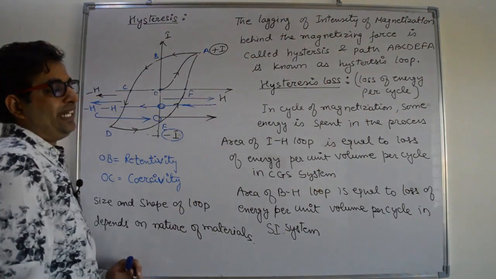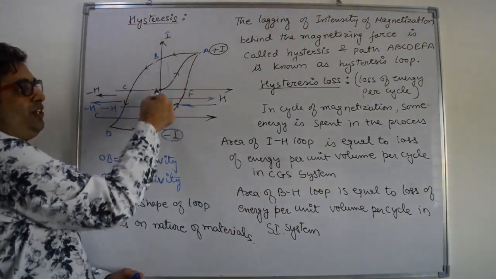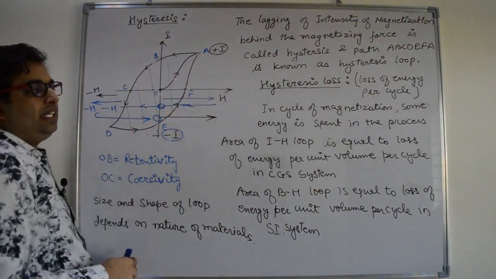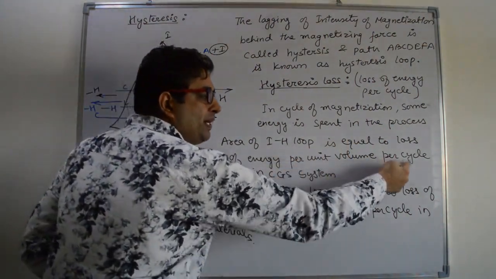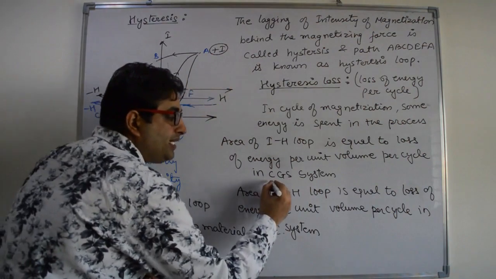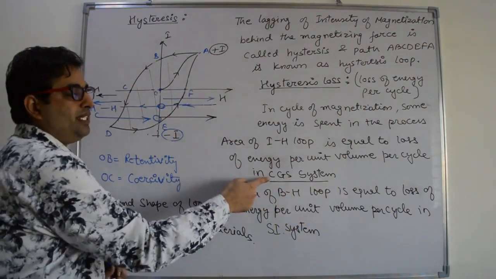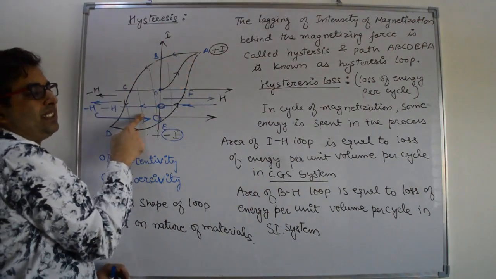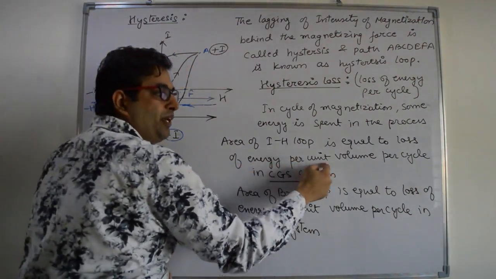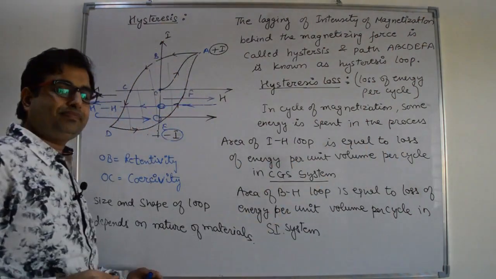Area of the IH graph is equal to the loss of energy per unit volume per cycle in the CGS system. In the CGS system, the area of the IH graph tells us the energy loss per unit volume per cycle.